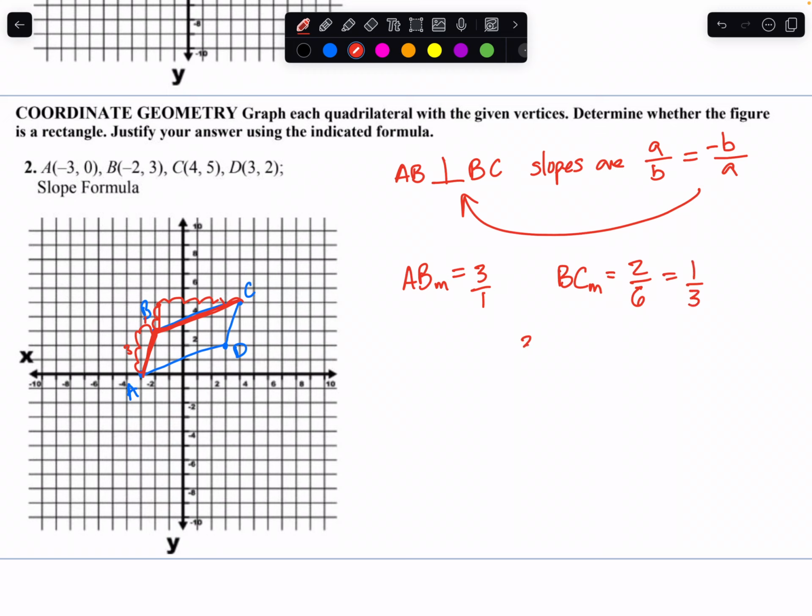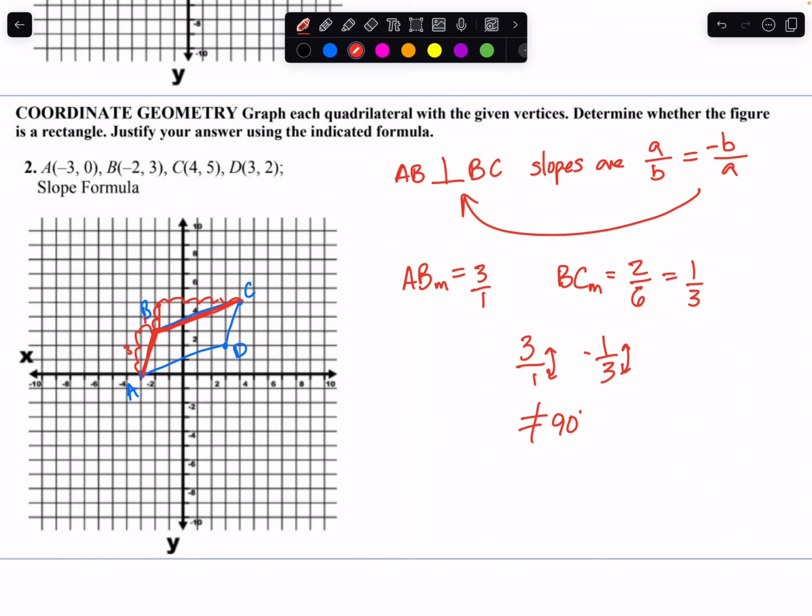As you compare these slopes, notice how 3/1 is not a negative reciprocal of 1/3. The slopes were flipped, but we did not create a negative reciprocal from it. And that was a key component. The slopes are flipped, but it's not a negative reciprocal, which then creates not a right angle. They're not perpendicular to each other. And since one angle is not perpendicular, I don't have to check all four corners.